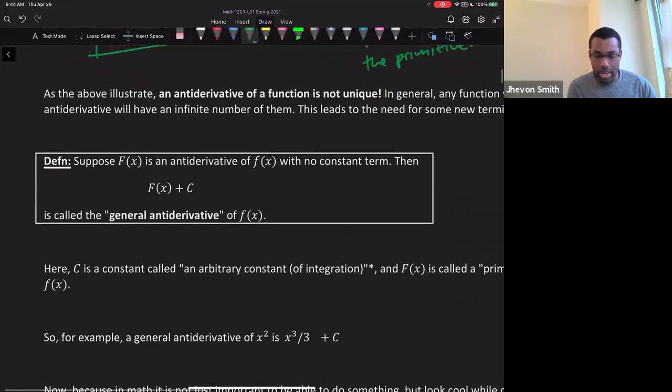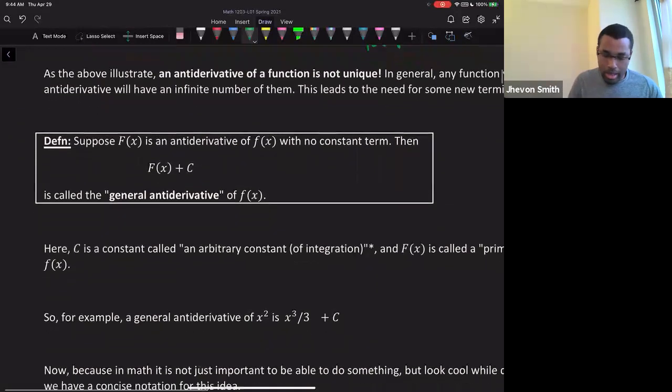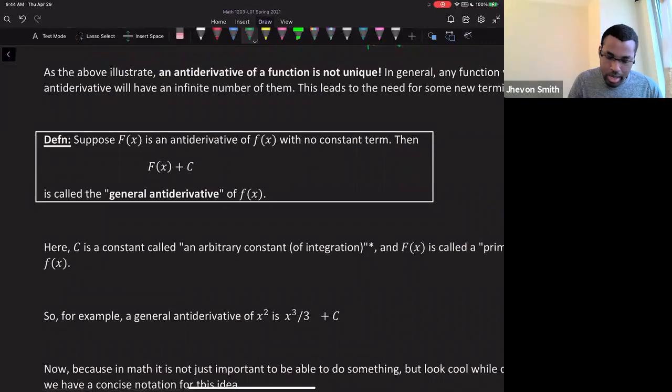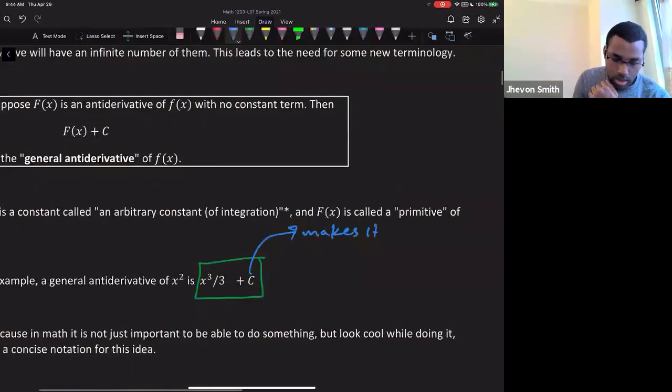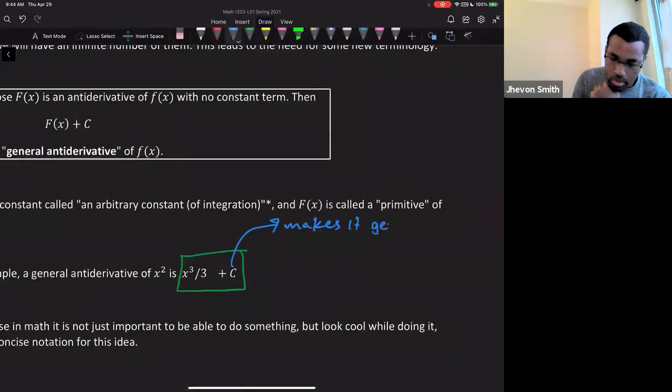So for example, the general antiderivative of this guy is a third x cubed plus c, where the plus c makes it general.